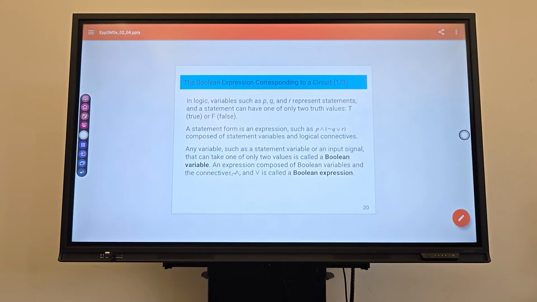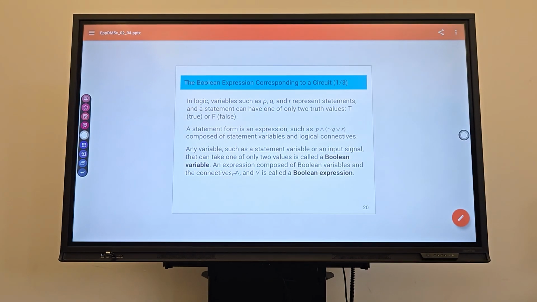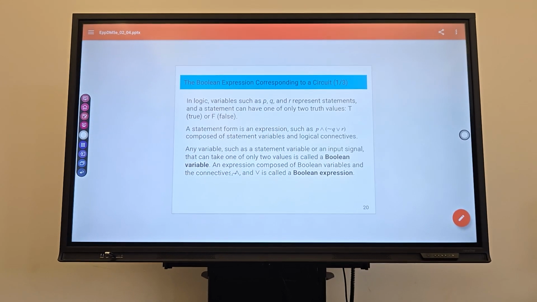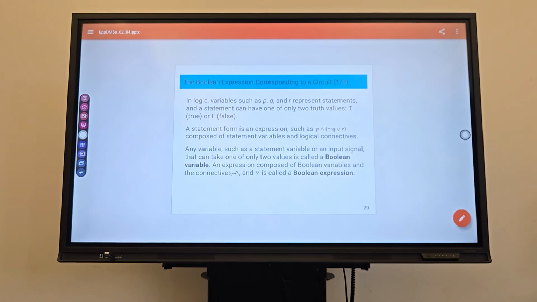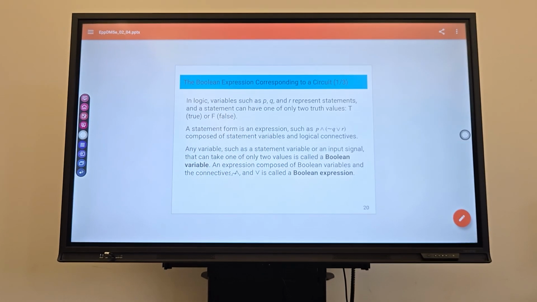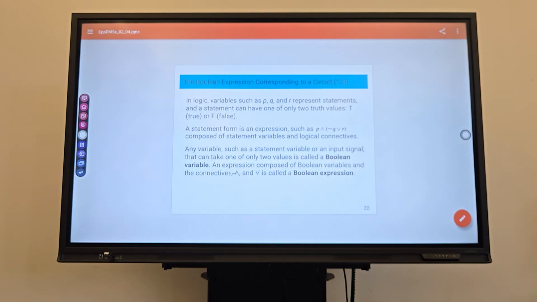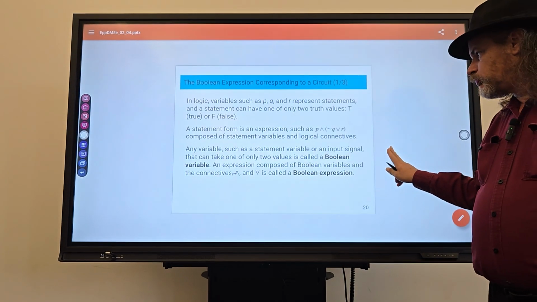Any variable, such as a statement variable or an input signal, that can take on only one of two values is called a Boolean variable, or bool, as I believe it's called in C++. And the expression composed of Boolean variables and Boolean operations is called a Boolean expression.